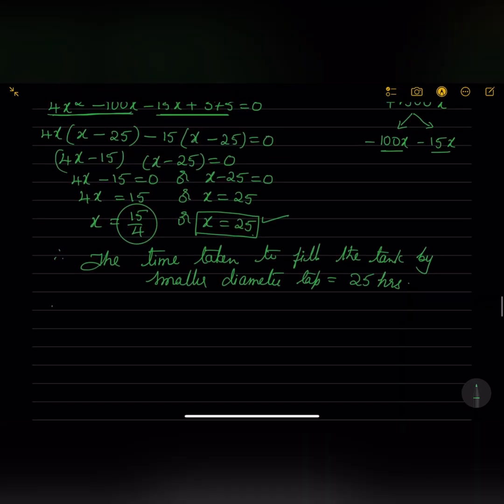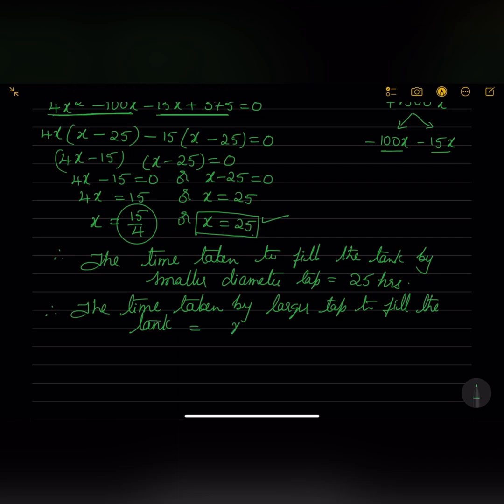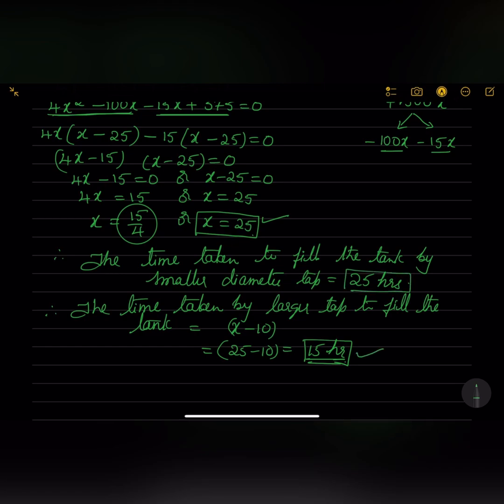Therefore, the time taken by larger tap to fill the tank is equal to x minus 10. So it is 25 minus 10, that is 15 hours. So these are the two answers, 25 hours and then 15 hours.